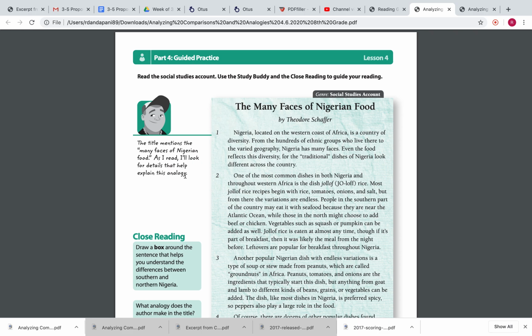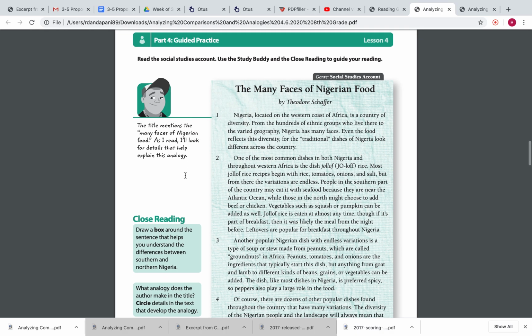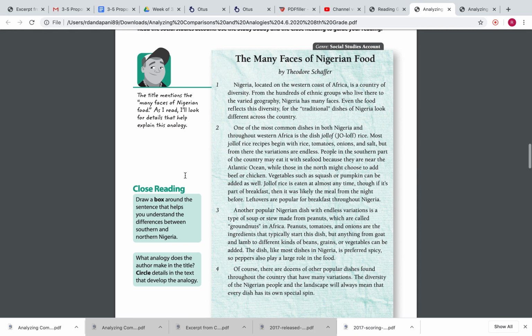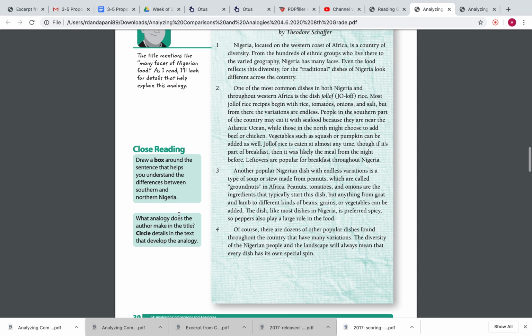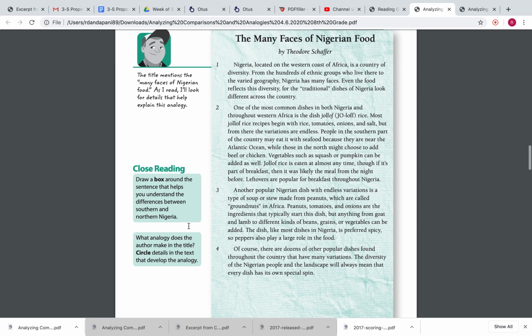All right. Pay attention to what is being compared to what in this account. And I want you to draw a box around the sentence that helps you understand the differences between southern and northern Nigeria. And think about what analogy the author makes in the title. And I want you to circle details in the text that develop the analogy.